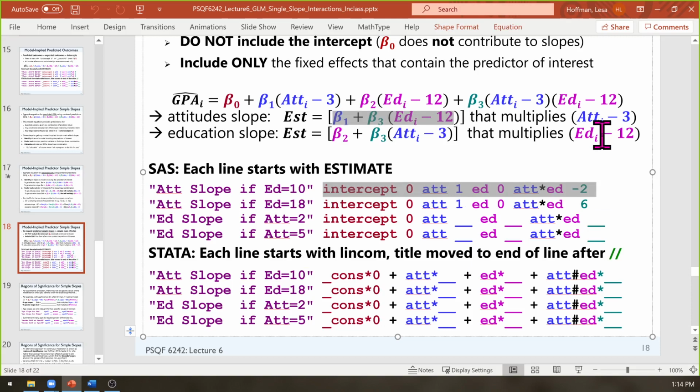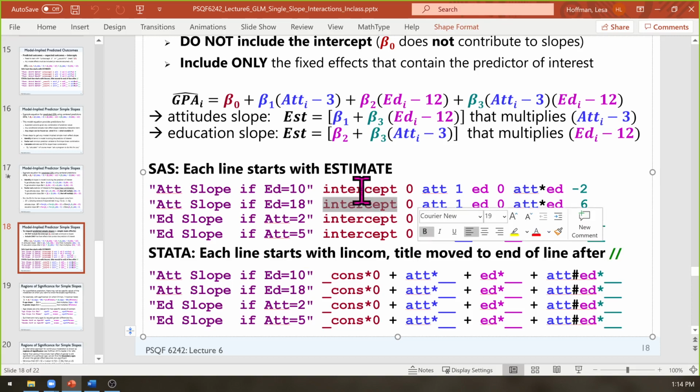The little linear combination describes how the model tells us what the slope of attitude should be. The trick to understanding what these statements do is to remember that when you type each of these words, like intercept and attitudes, those words refer to their estimated beta fixed slopes. So the words take on the value of that fixed effect as given by the model.